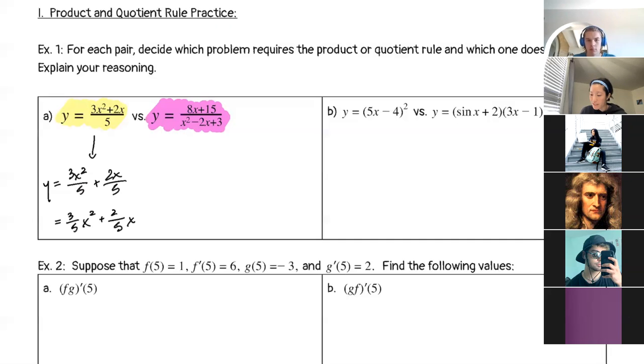All right, let's ask ourselves the same questions about B, and we'll go with pink and yellow again. If you think the first one needs product rule, you're going to say yellow. But if you think the second one needs the product rule, you're going to say pink. Let's take another 20 seconds to think about it. Type your answer into the chat, and we'll chat blast in about 20 seconds.